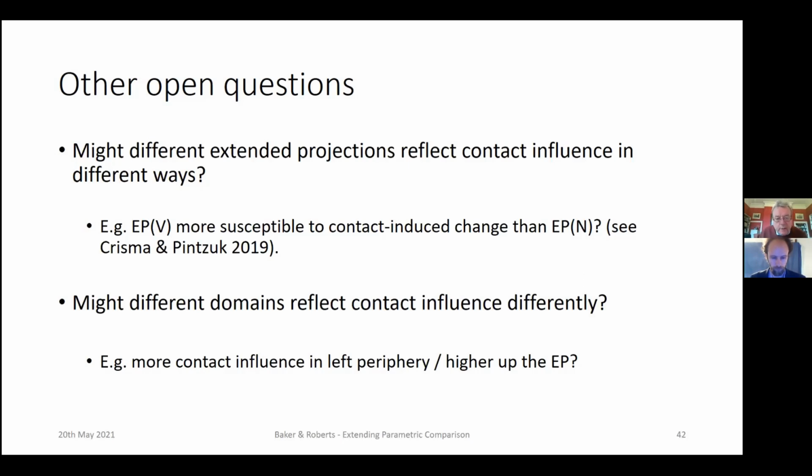And indeed, within the clause, it's possible that different domains may reflect contact influence differently. It could be that structurally, the higher up a parameter's influence is felt, so in TP or CP, the greater the likelihood of contact influence. This is again something to investigate.